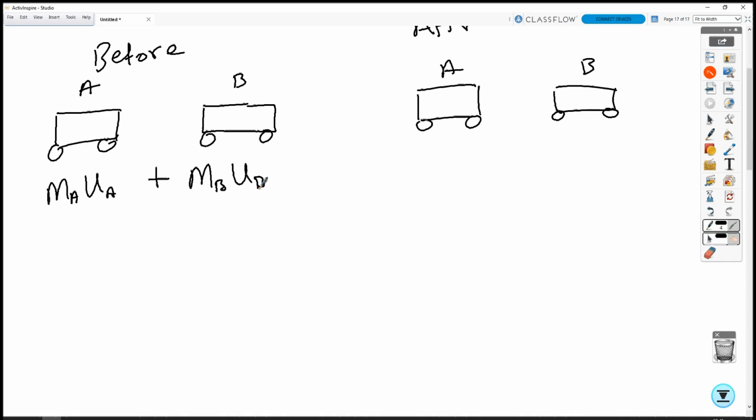So the mass times the initial velocity of A plus the mass of B times the initial velocity of B. So momentum of A before plus momentum of B before, whichever direction they may be moving or even not moving. So if one of them is not moving, you just put 0 as their velocity and the momentum becomes 0. That's equal to the mass of A after the event times the velocity of A plus the mass of B times the final velocity of B.